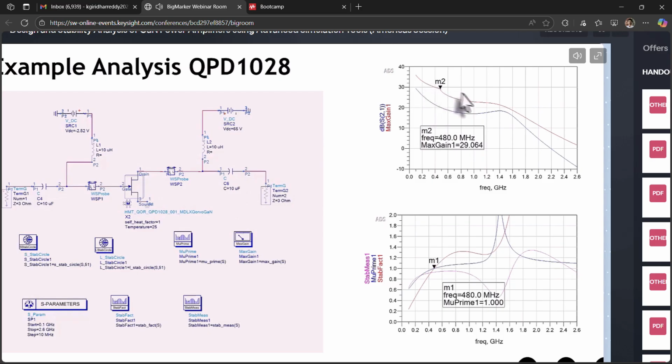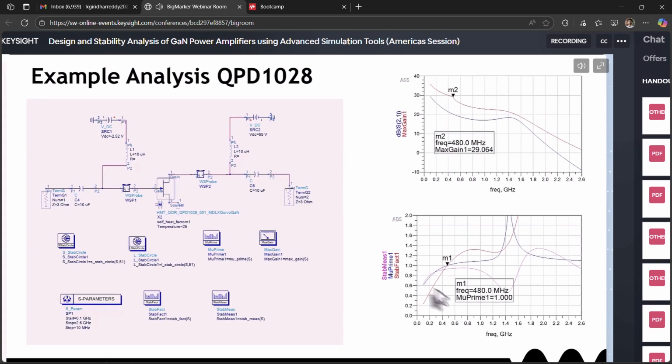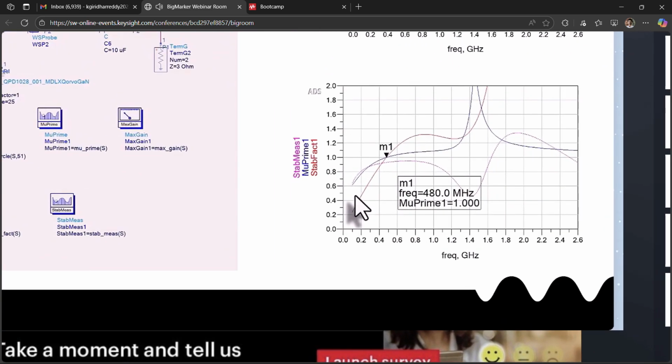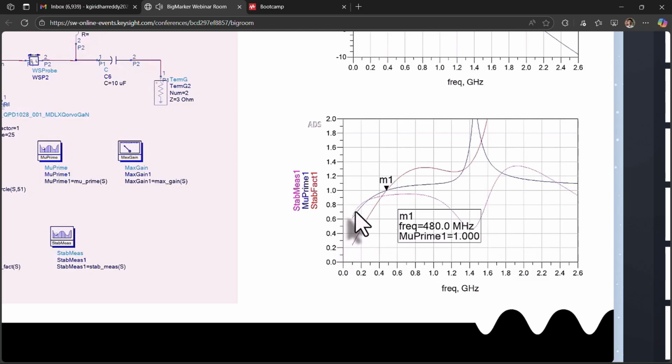The maximum gain is shown in this plot in red, and the S21 for 3 ohm source and load is shown in blue. If we look down below, we've plotted the stability factor K that we've talked about. That is shown in red, and it reaches a value of 1 at 480 megahertz, and above that it stays above 1. The stability measure is shown in magenta here.